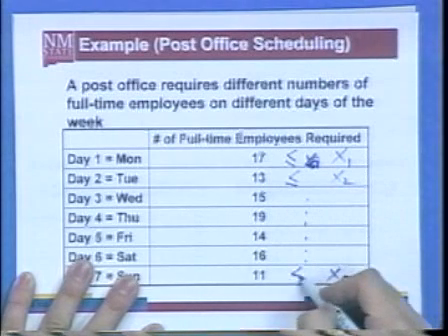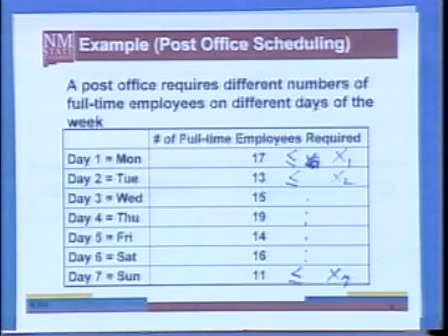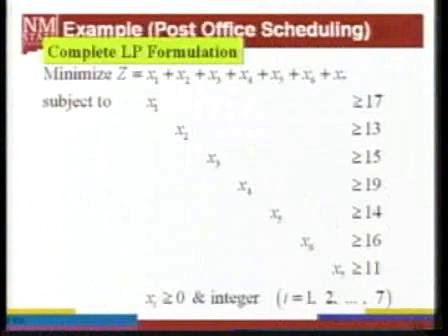And x7 is greater than or equal to 11, things like that. And of course, you need to add the integer restrictions for each decision variable x of I. So with the current decision variable, you may have a complete LP formulation like this, right?